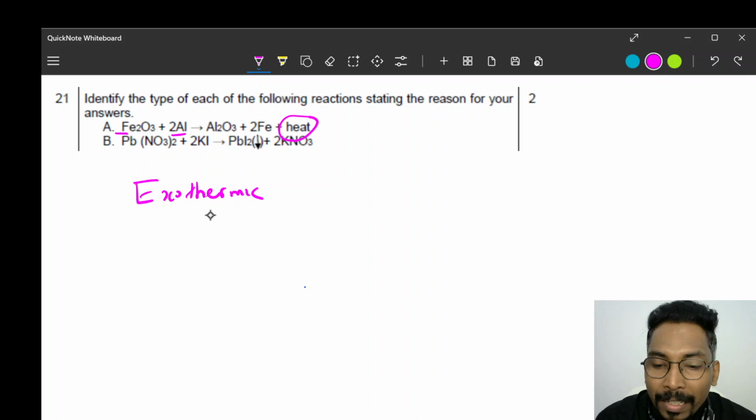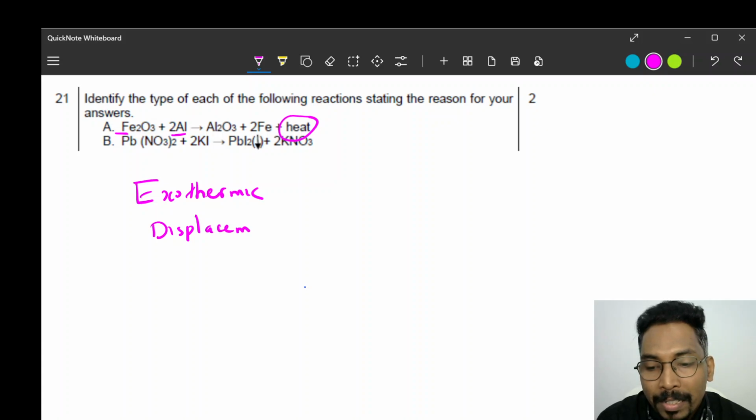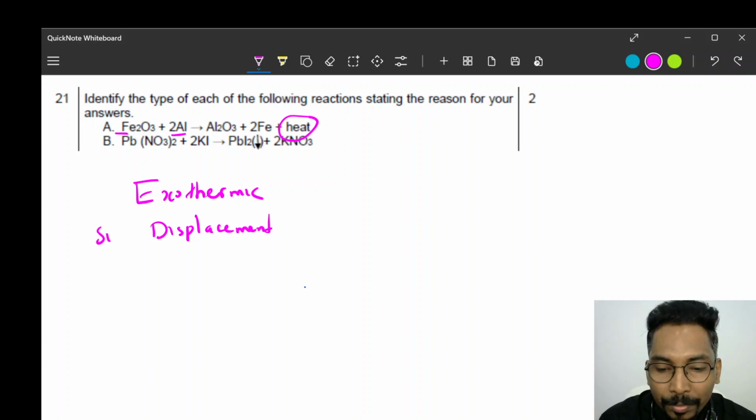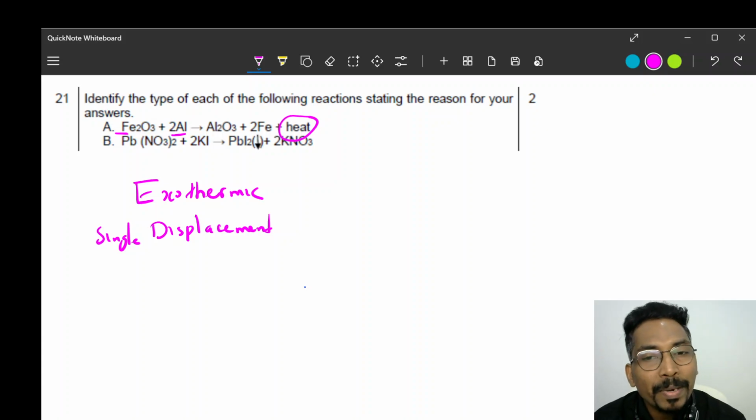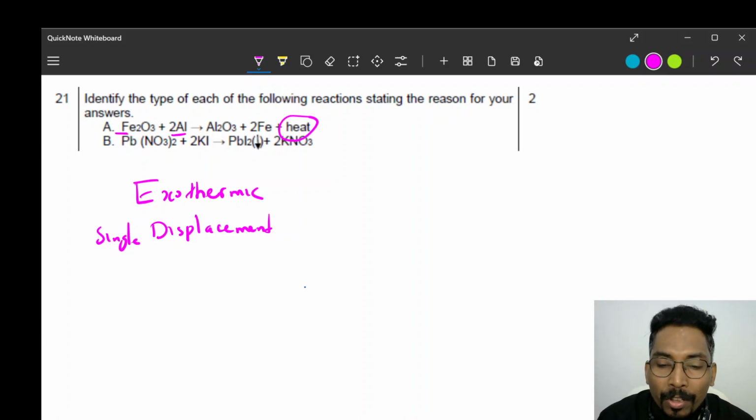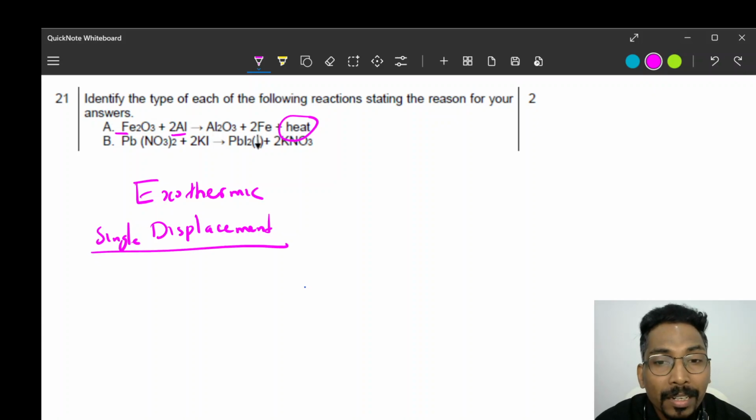So it's a displacement reaction as well. Exactly, it is a single displacement reaction, because a highly reactive metal, aluminium, displaces a less reactive metal, iron, from its oxide. So the first reaction is an example of single displacement reaction. Reason: the highly reactive metal aluminium displaces the less reactive metal iron.